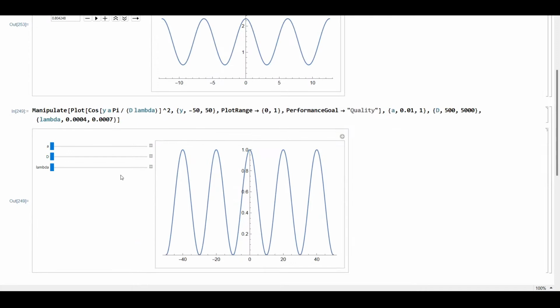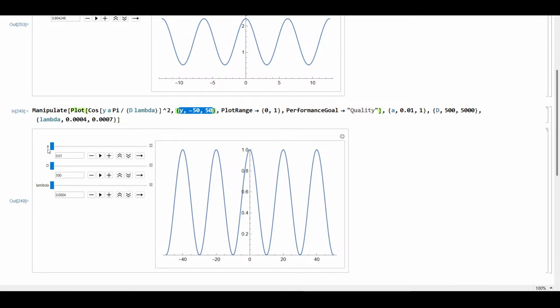This is I versus y. This is what I plot. I plot this cos squared delta by 2. Right now I'm just ignoring that 4 I naught term. It is just a normalization term, and then I'm plotting it against the position y on the screen for various values of a, D, and lambda.